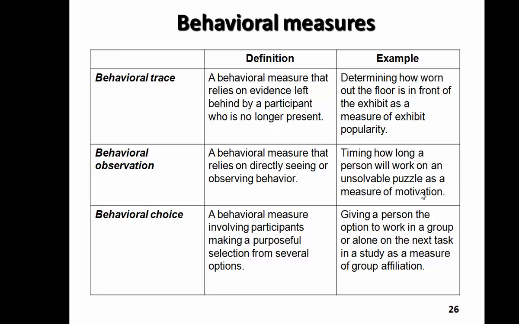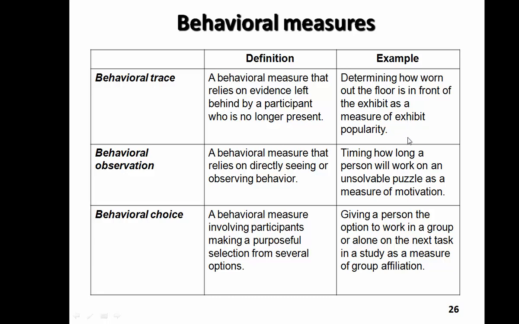This chart summarizes the three basic types of behavioral measures and covers a couple of different examples. With behavioral trace, we see that examining a wear level in the floor, as an example, will provide researchers with a sense of the foot traffic related to the popularity of an exhibit.